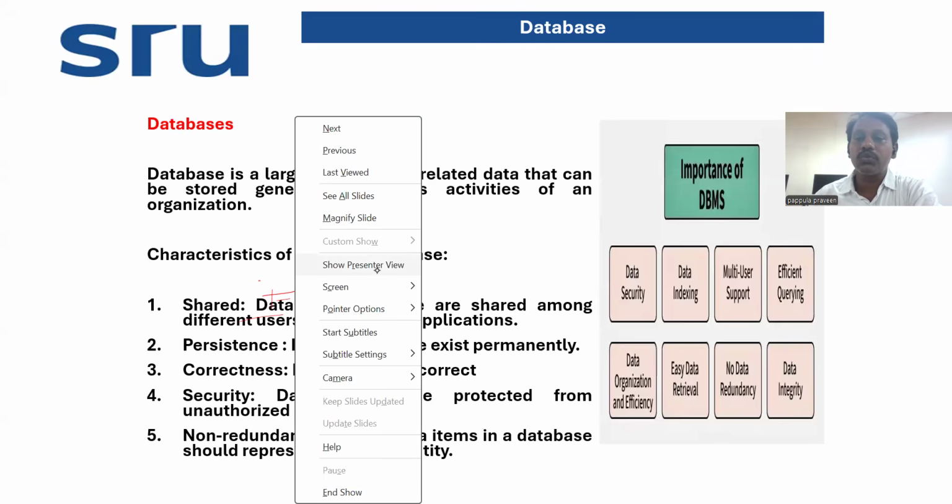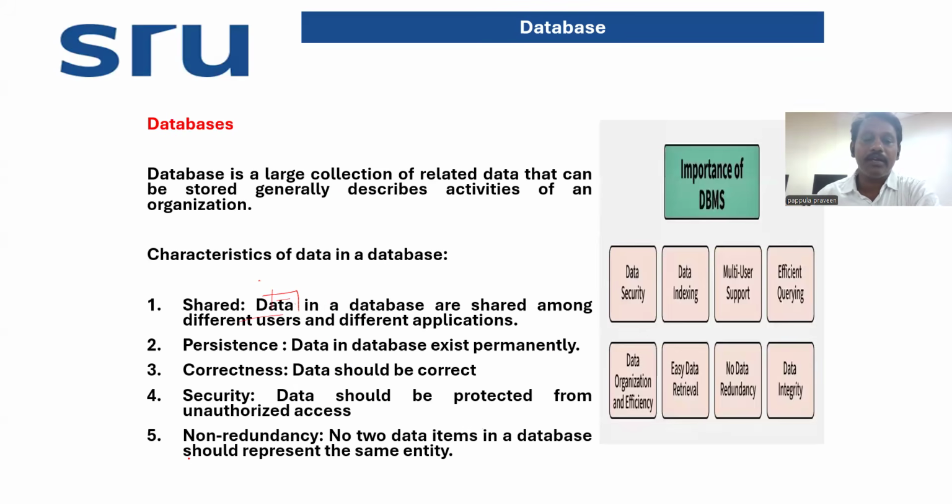Again, if you want to store information about you, that won't be accepted. That is called redundancy. If your data is available in two rows, that is redundant. No two data items in a database should be present for the same entity. Same entity.